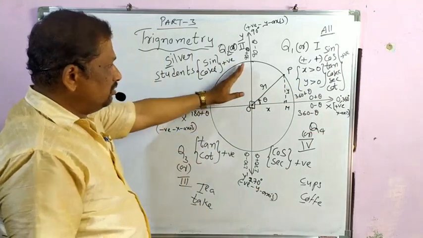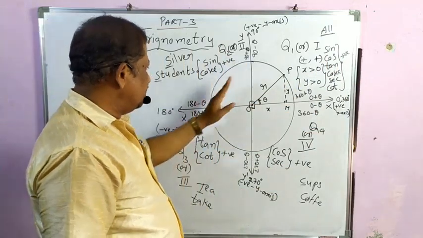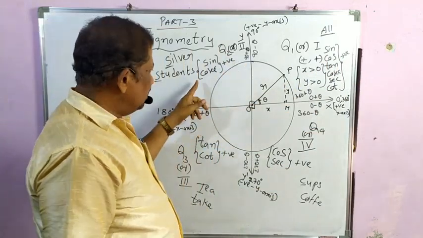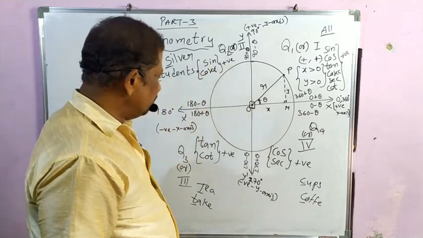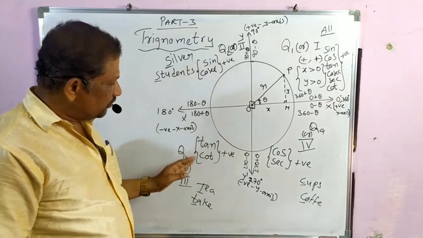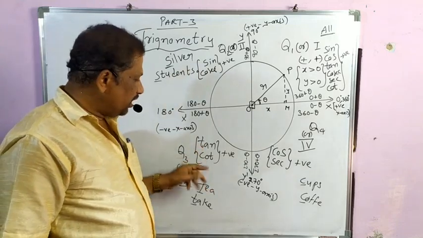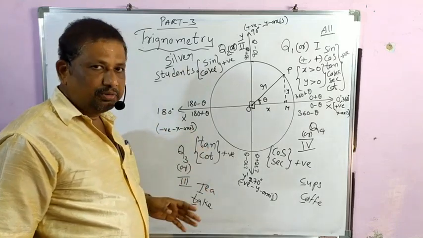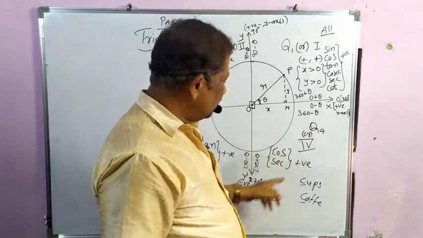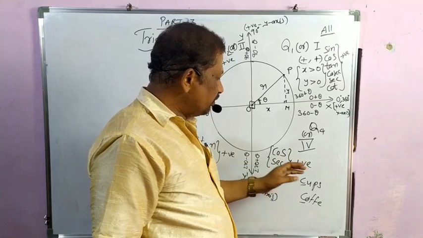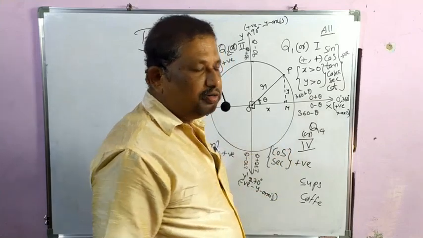When theta is in the second quadrant, between 90 and 180 degrees, sine and cos become positive. Remaining all ratios become negative. When trigonometric ratios fall in the third quadrant, only tan and cot become positive. Remaining all ratios become negative. In the same way, in the fourth quadrant, cos and secant become positive, remaining all are negative.